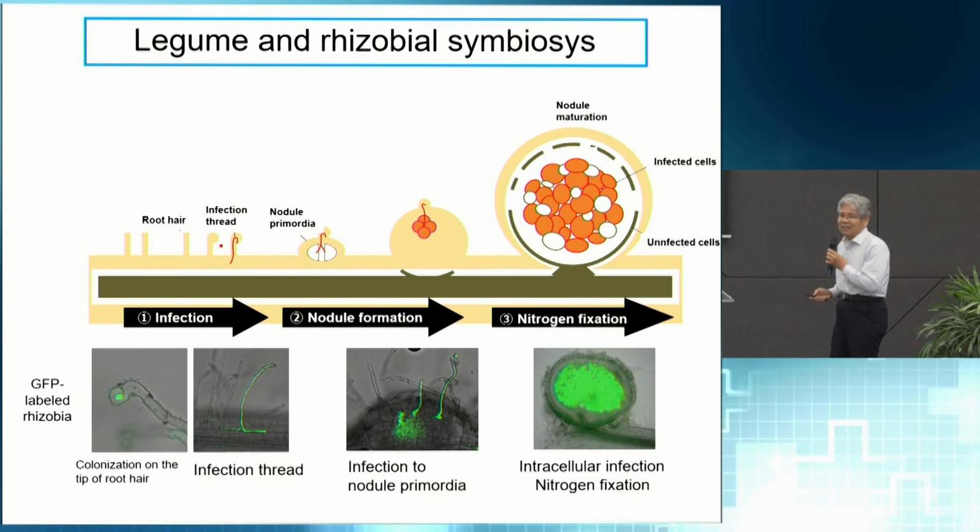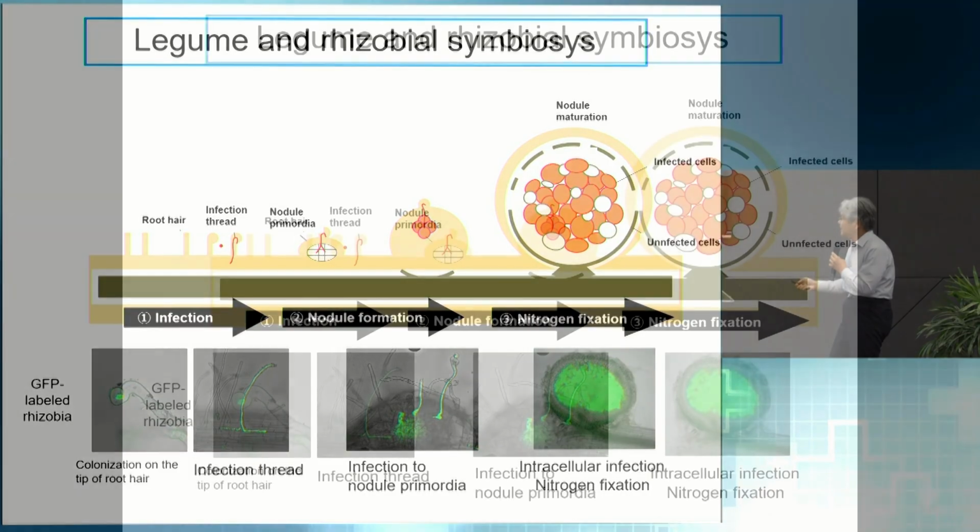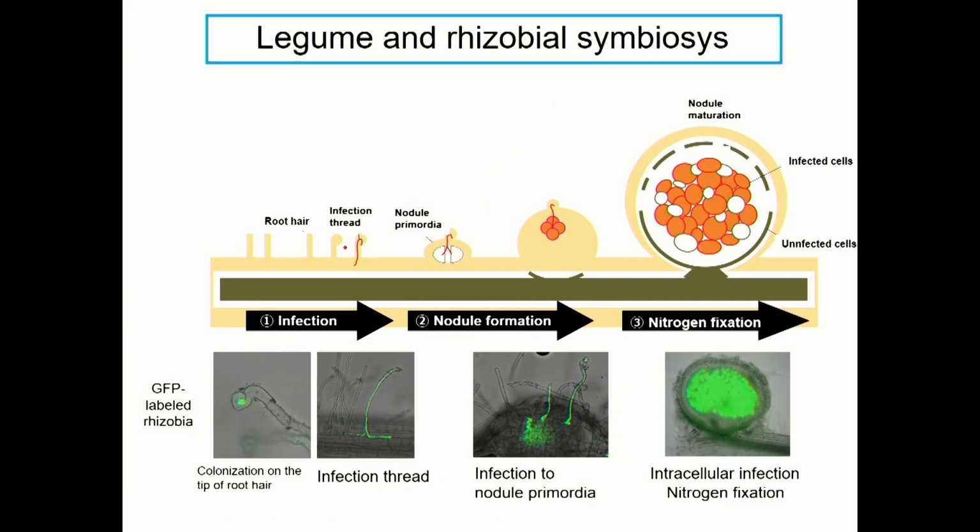Then, if the host legume plant recognizes this rhizobia as a partner, they start creation of the organ, the nodule, and also they bring the bacteria into the nodule, guided by the infection thread. But in this phase, the bacteria is still outside of the cell.